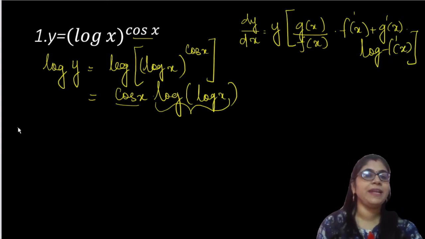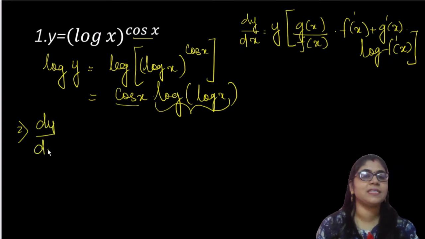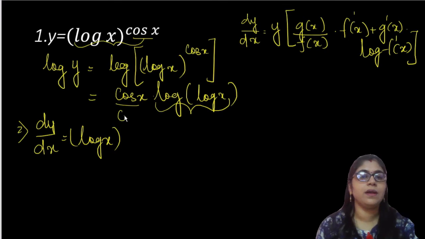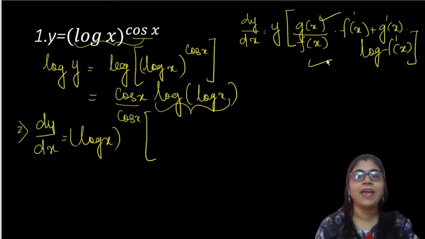So dy/dx is equal to y. What is y? y is (log x) to the power cos x, into g(x) by f(x). What is g(x)? g(x) is cos x, f(x) is log x.